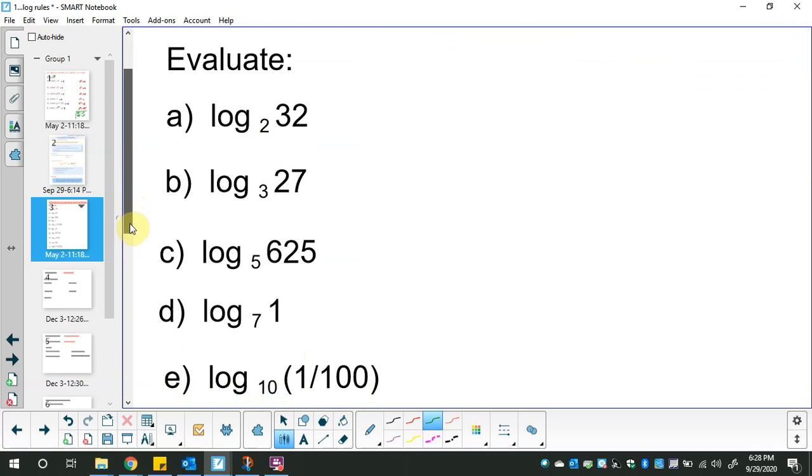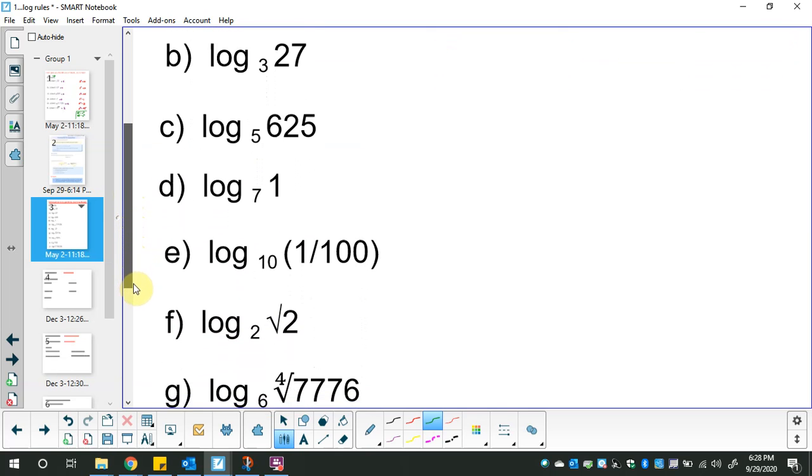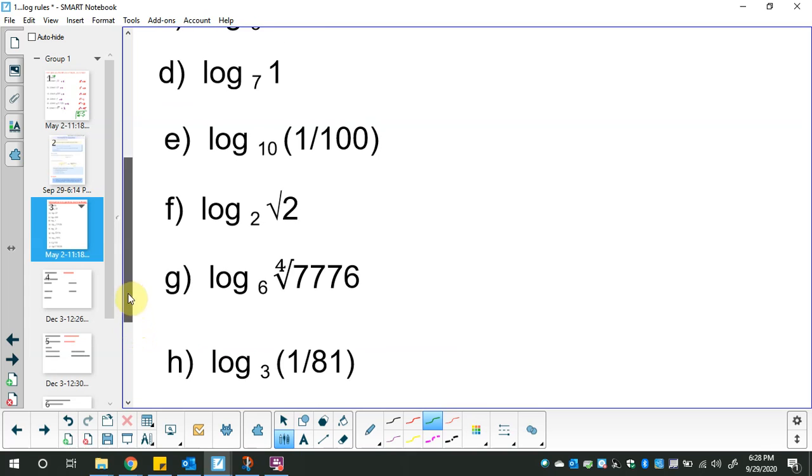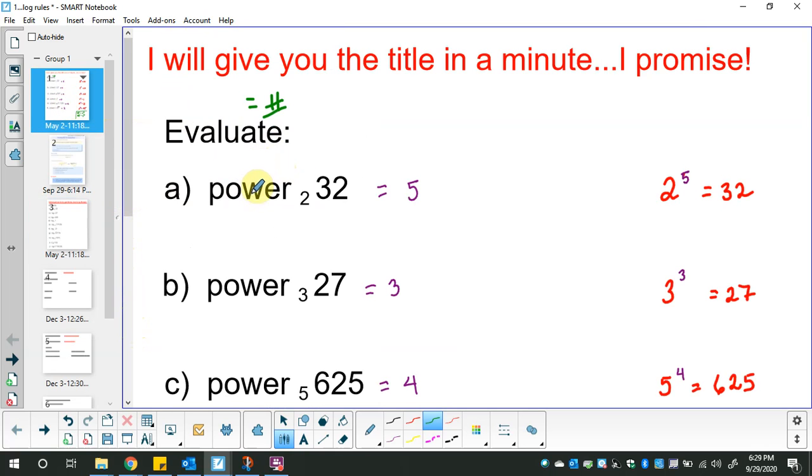And I hope you are seeing some questions that repeat themselves, and then boom, I've got some new guys. So, this question right here, evaluate the log base 2 of 32, which I will write down in a second, is exactly the same question as me asking you the power on 2 of 32, which is 5.